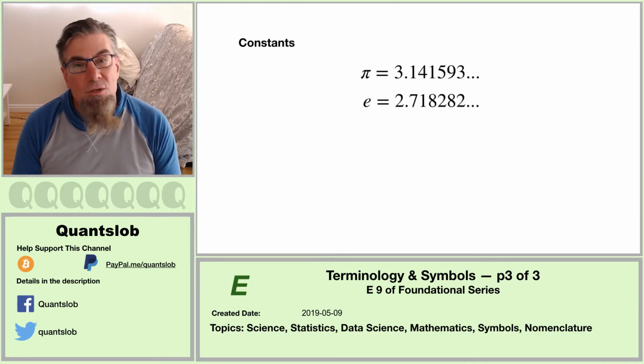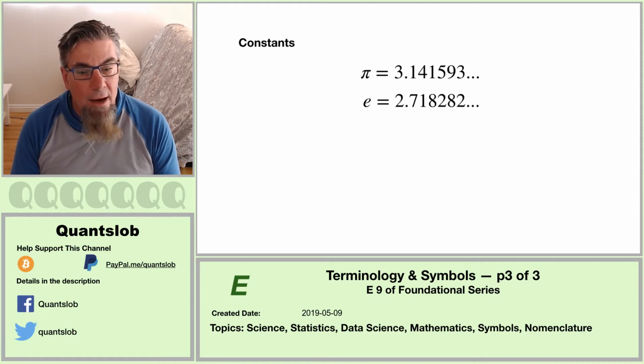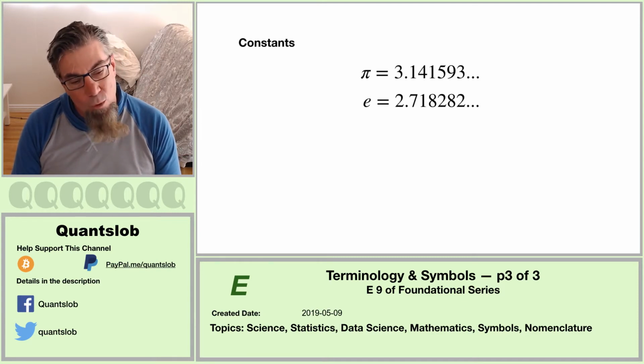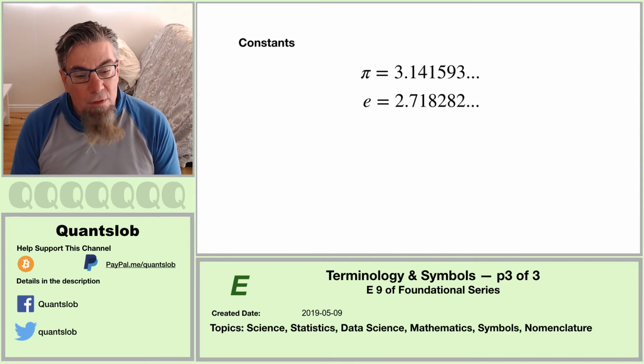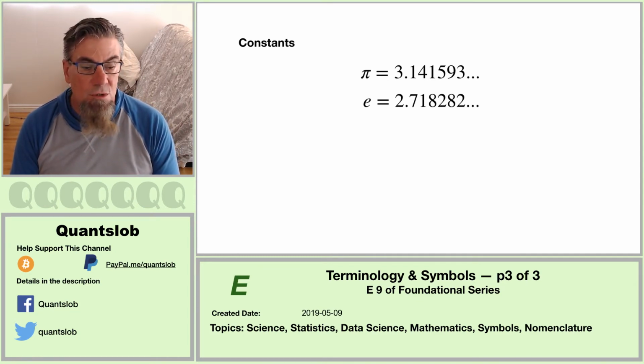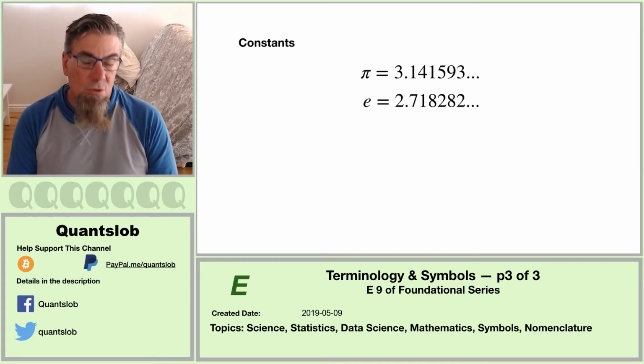There are a number of constants, as we know, used throughout science and mathematics that don't have an exact decimal representation, and two I'm guessing you're going to be familiar with are pi, the lower Greek letter pi, and e. Both of these happen to be so-called transcendental numbers. Pi is the ratio of a circle's circumference divided by its diameter. E is the base of the natural logarithm.